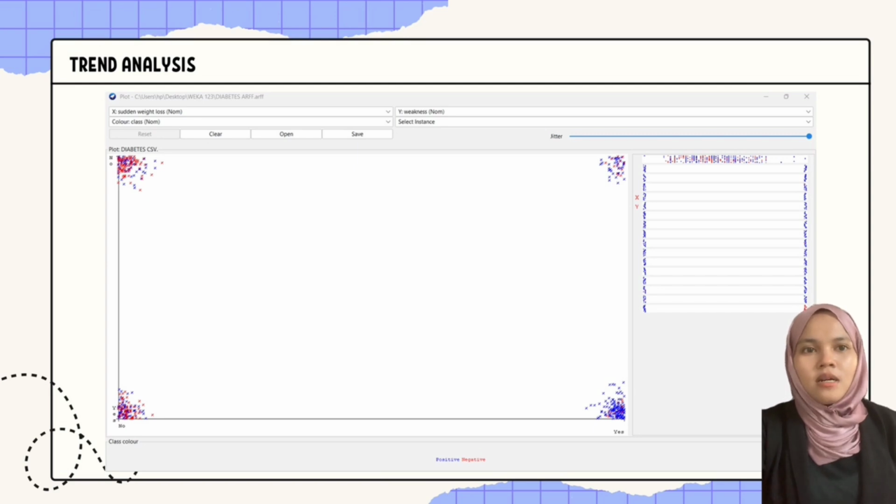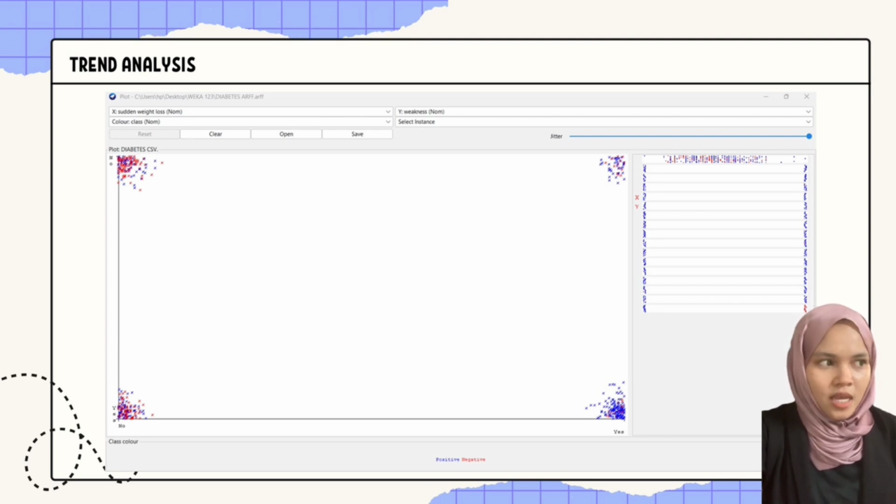Based on the information provided in the figure, the sudden weight loss and weakness diagram, we can analyze the trend to predict early stage diabetes risk between the attributes of sudden weight loss and weakness. The diagram uses blue and red to denote positive and negative for these attributes. If an individual reports no sudden weight loss and no weakness, they will have a lower predicted risk for early stage diabetes.